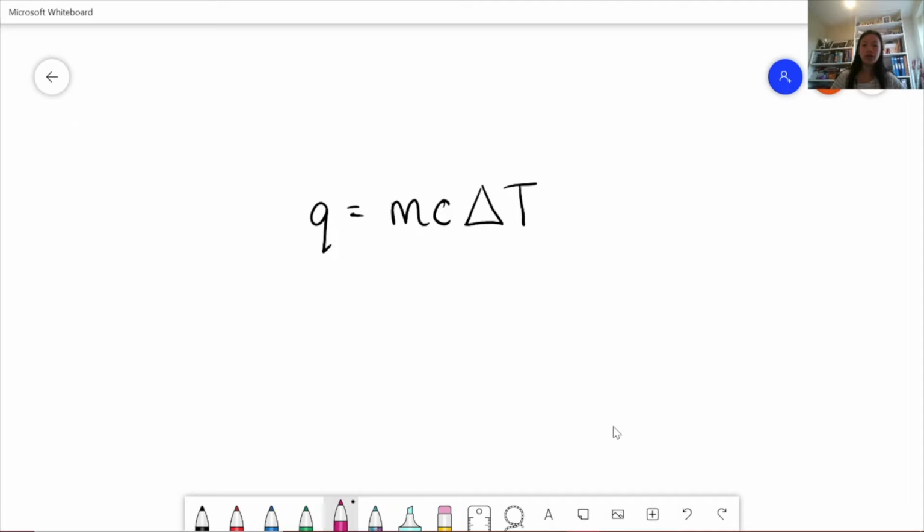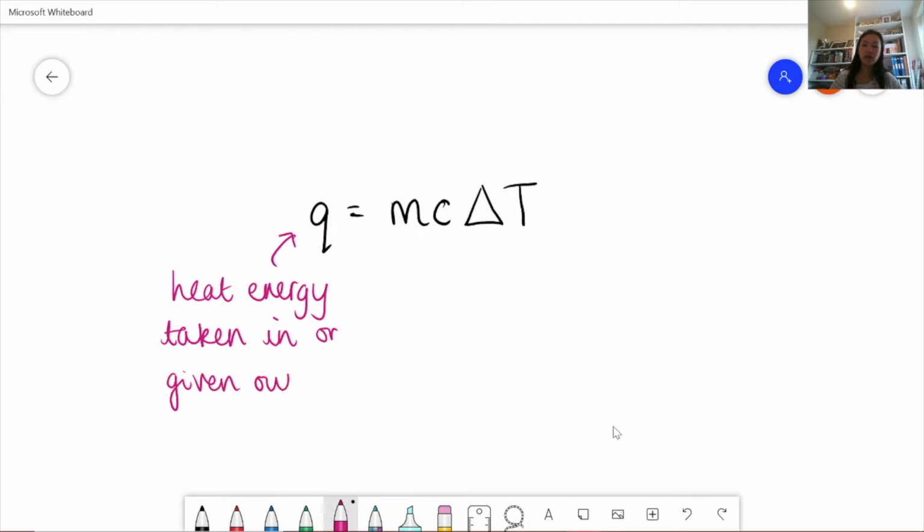So Q represents the heat energy taken in by the reaction if it's endothermic, or given out if it's exothermic. And this is normally measured in joules, which is a unit of energy.